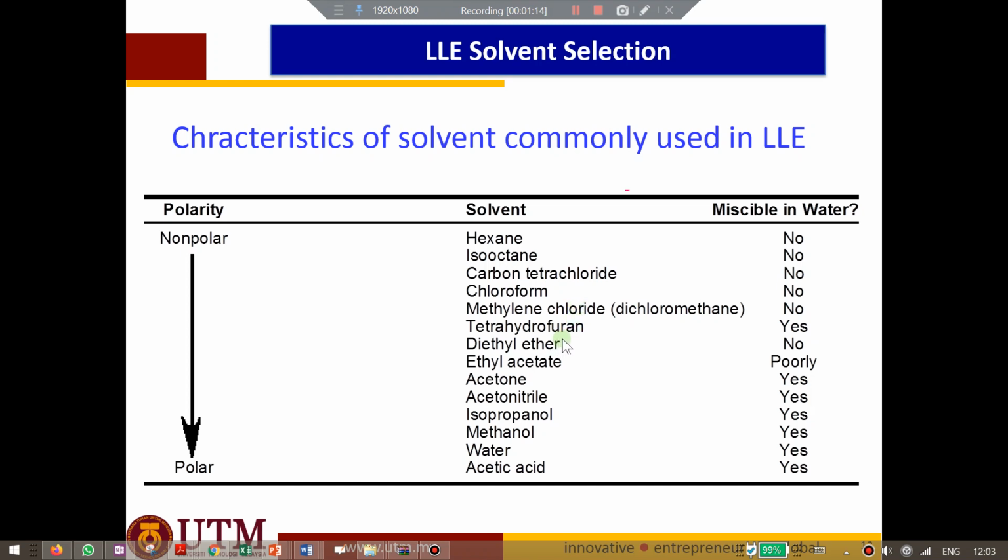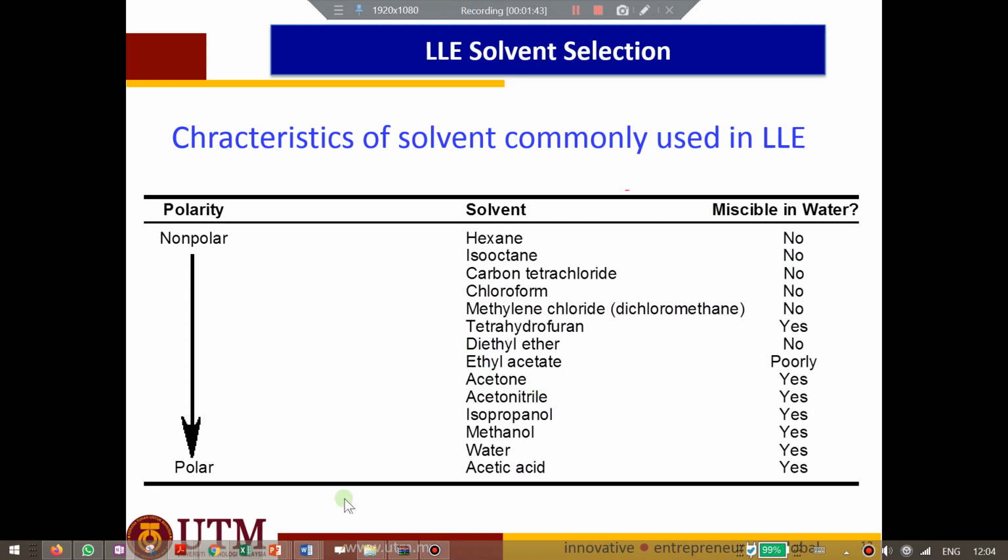Okay, let's say your sample is non-polar, for example your sample is in diesel or petrol. Okay, so you want to extract a polar compound inside of the petrol. So you need to use a solvent that is not miscible with the non-polar matrix.